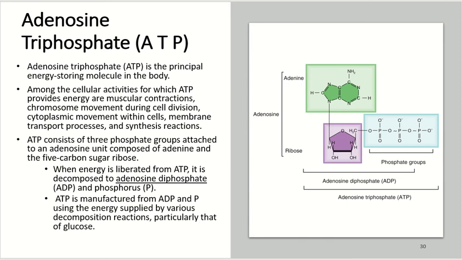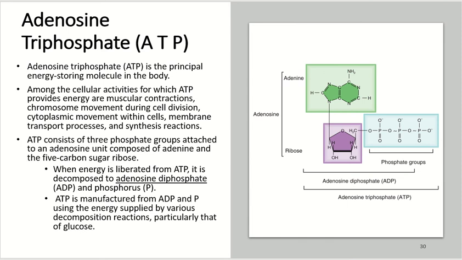Among the cellular activities for which ATP provides energy are muscle contractions, chromosome movements during cell division, as well as cytoplasmic movement within the cell. Anything moving around within the cytoplasm is all powered by ATP. ATP also provides energy for membrane transport as well as synthesis reactions.